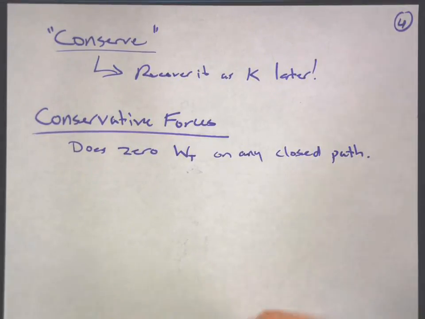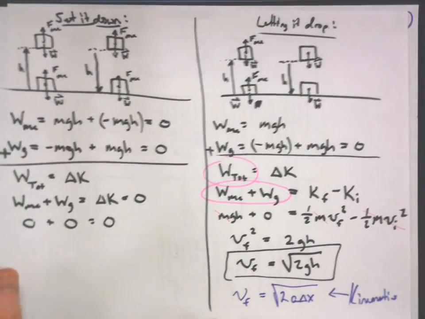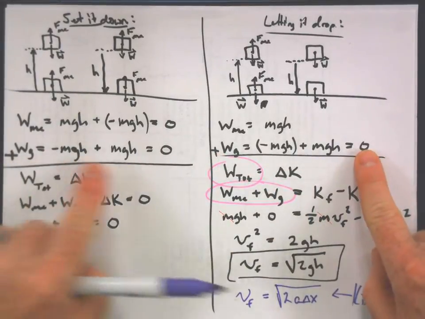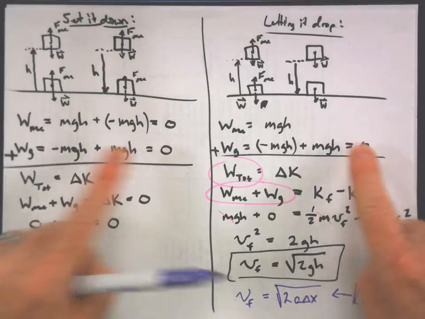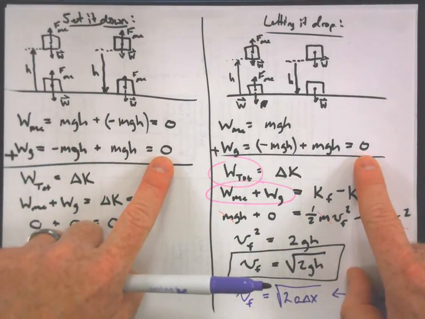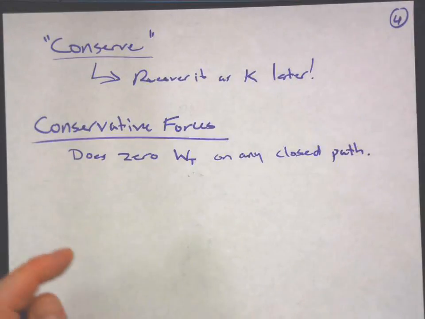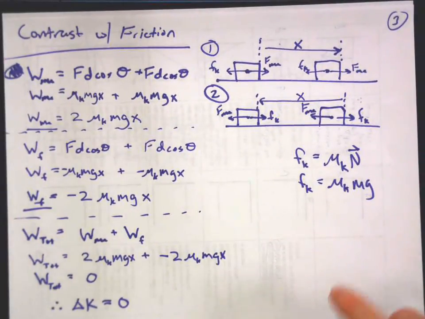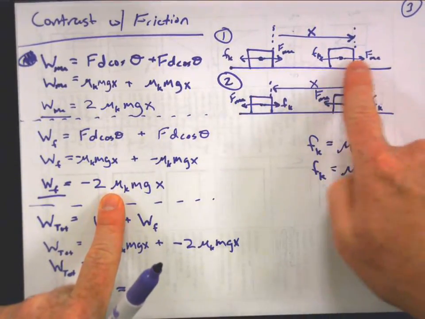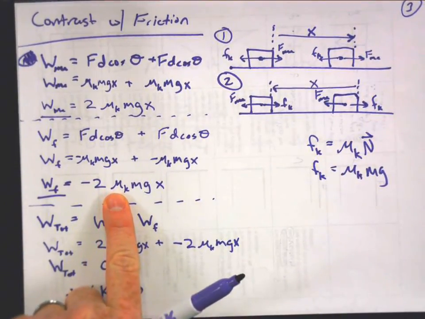All right. Gravity. In both cases, the work done by gravity did zero work. That force by itself, the force of gravity by itself, did zero total work on this closed path here. Look at friction. Friction, all by itself, going there and back, did not do zero total work.